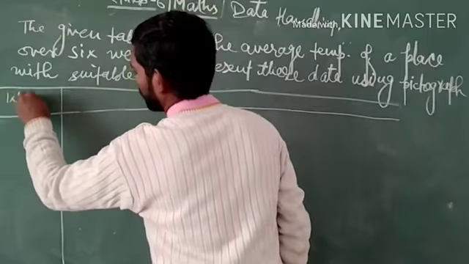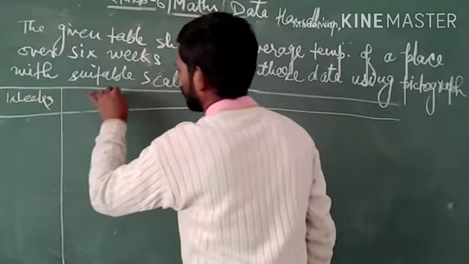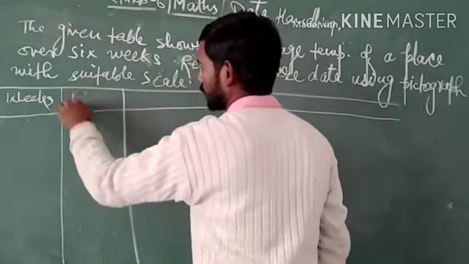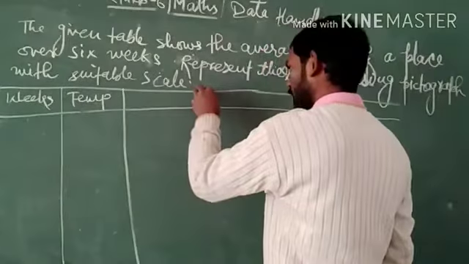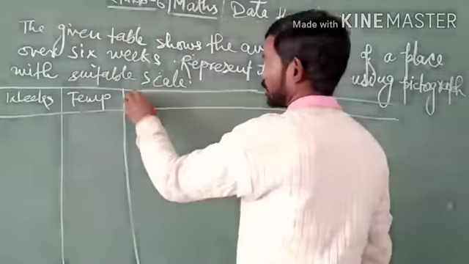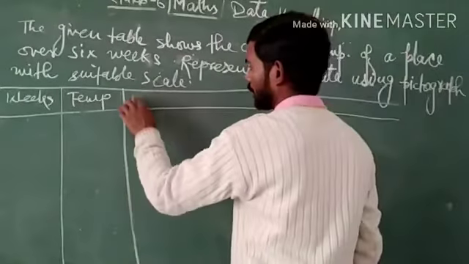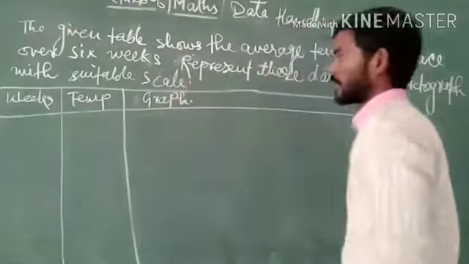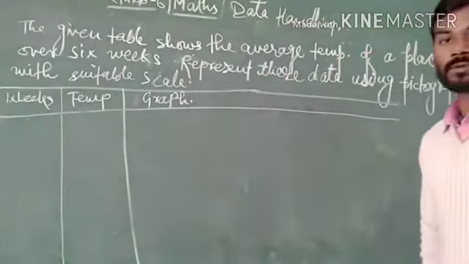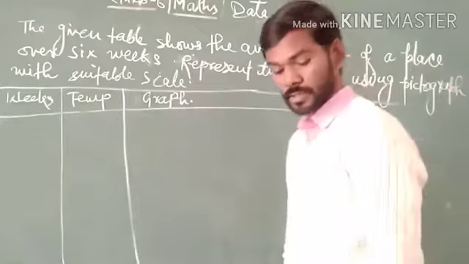This column represents weeks and this column represents temperature, and here we shall represent the graph. Okay, I am not writing the table as a question, I am just writing here.